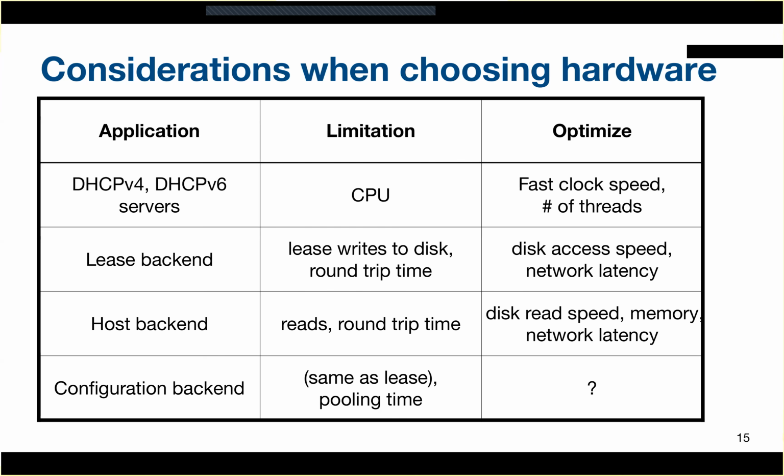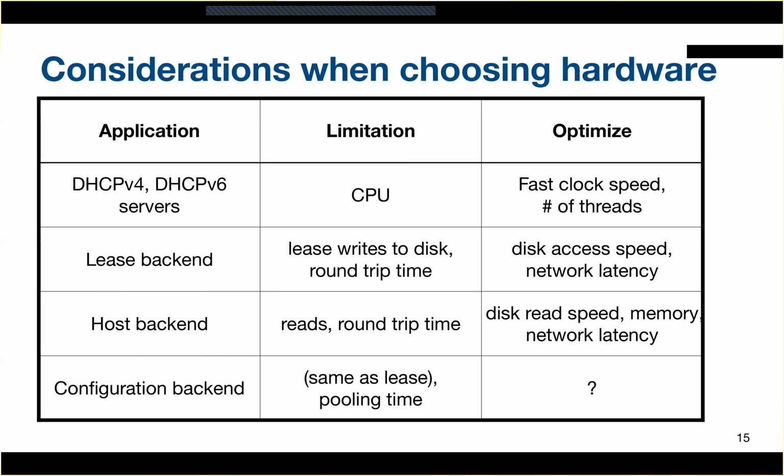With the lease backend, if you are using a memfile, there are lease writes to disk. And this is important. If you are using any database, the round trip time is also important. So try to optimize for disk access speed and network latency.